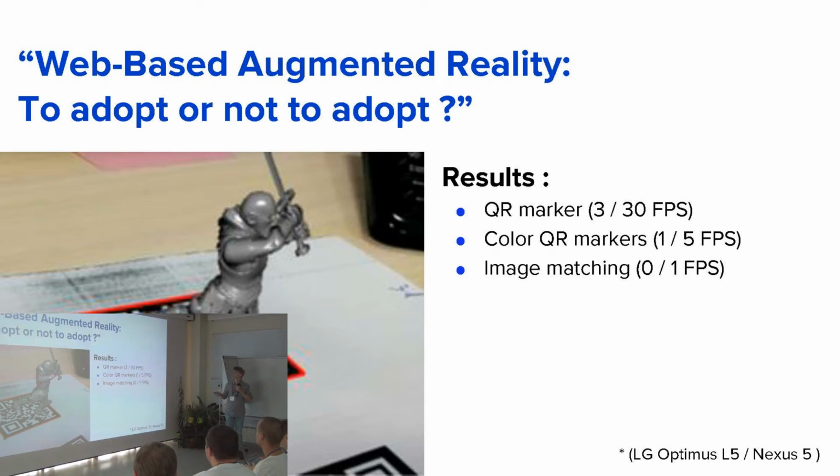Another thing, we used color markers, which are present in the Tracking.js library, and we found it's really slow. We also tried image matching with ORB descriptors, and we got from 0 to 1 FPS. It was not so good, but we saw that we can do something with quick response markers.